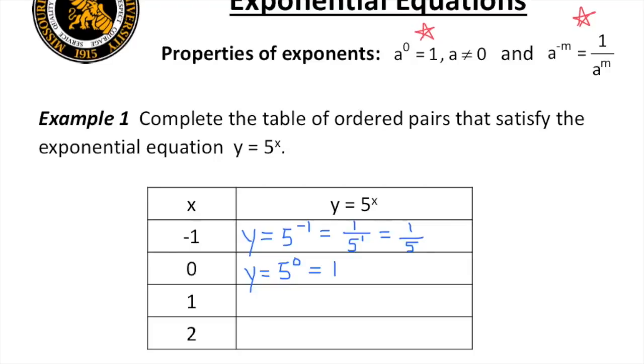If x equals 1, replacing the x with 1 gives us y equals 5. And if x equals 2, replacing the x with a 2 gives us y equals 5 squared, or 25.